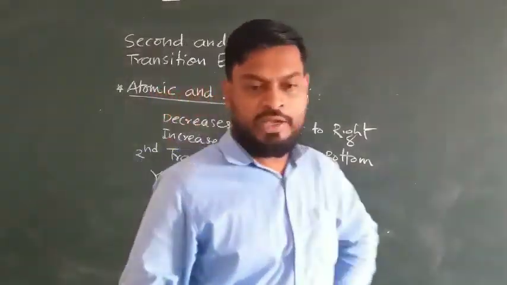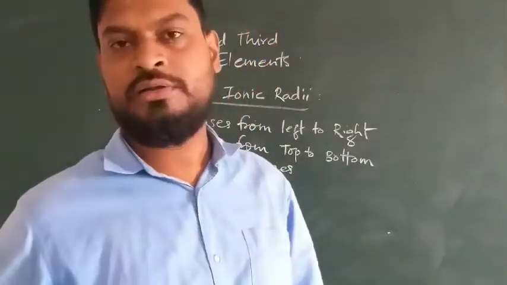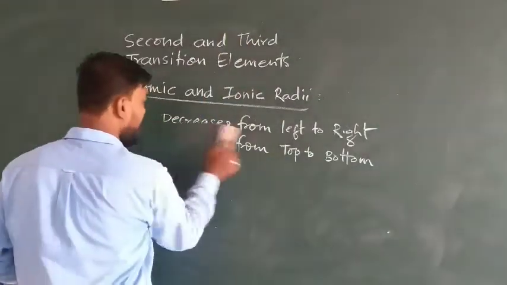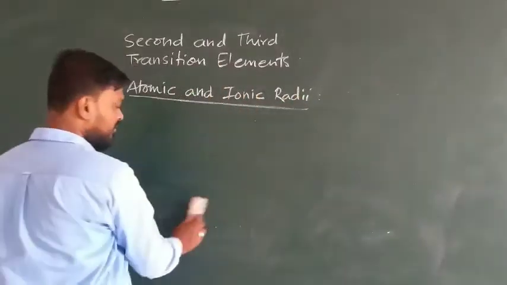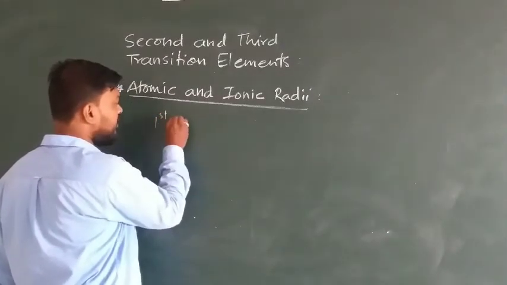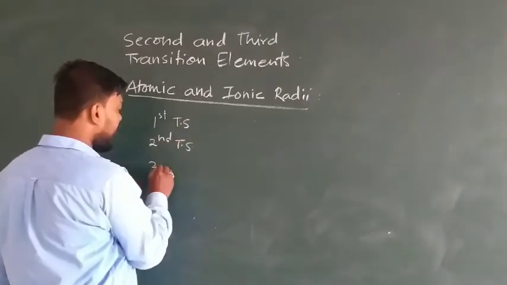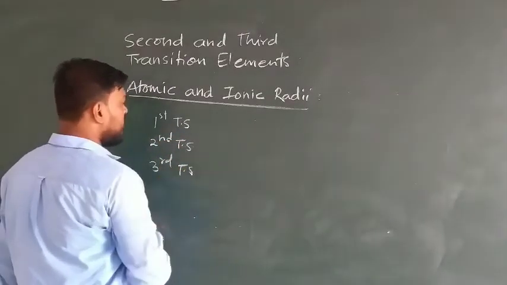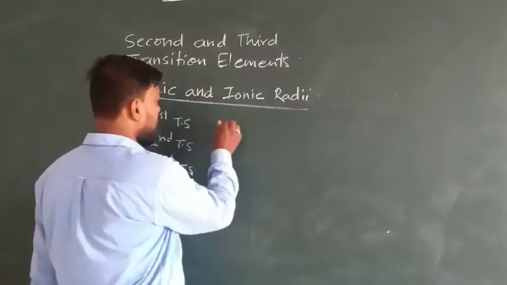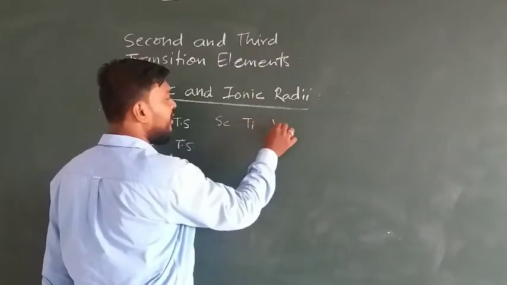So first I will write all three series, then I will explain, and you can understand more clearly how the pattern of atomic radii changes. I am going to write a few elements. The first transition series starts from scandium, titanium, vanadium.